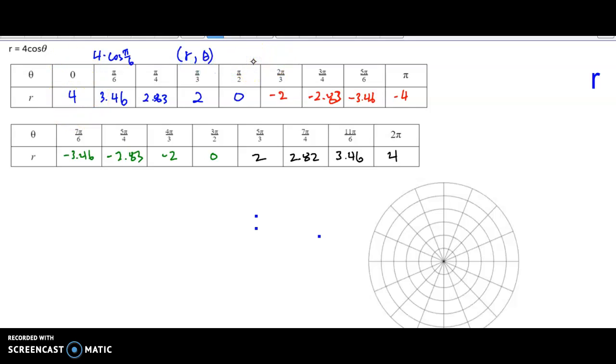You have 4 comma 0, right? So at angle 0, we go 4 rings out: 1, 2, 3, 4.